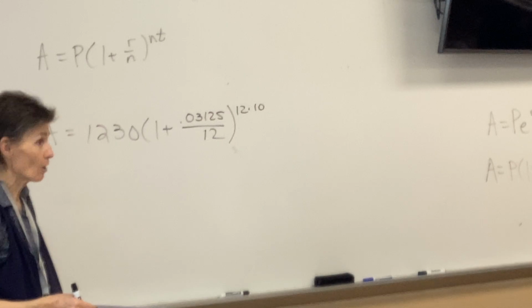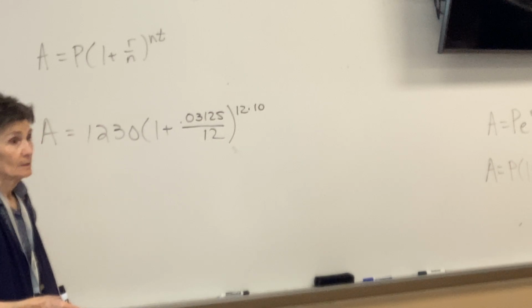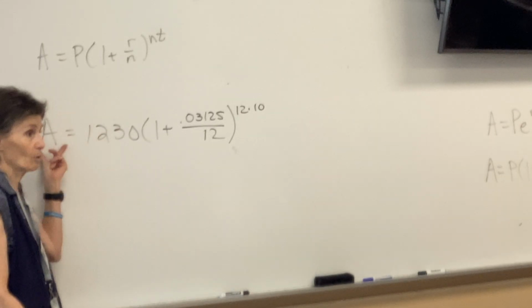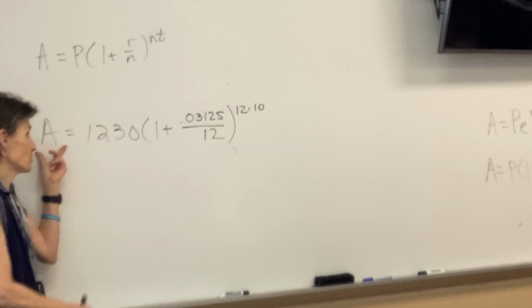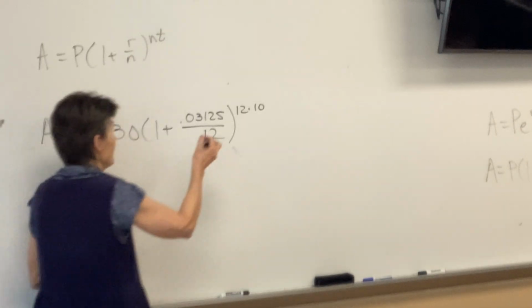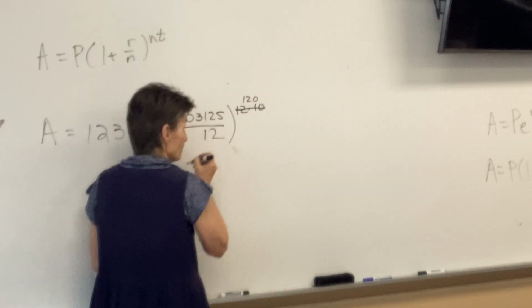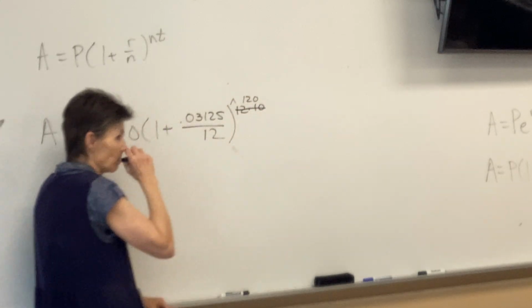I'm not going to use logarithms on this one. They're handing this to me on a silver platter, because isn't my variable already by itself? So I'm going to type that in. A hint: I like to do my exponent first, so I'm going to make that 120, and then use my exponent button.